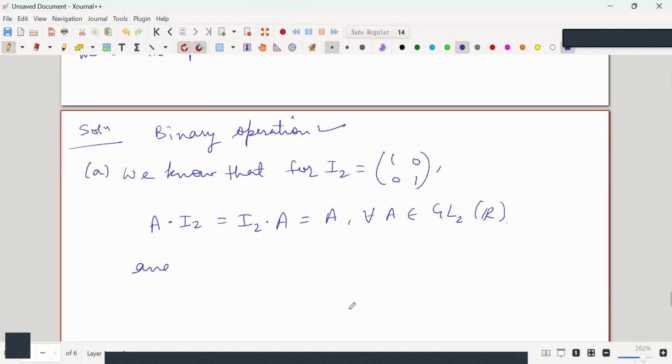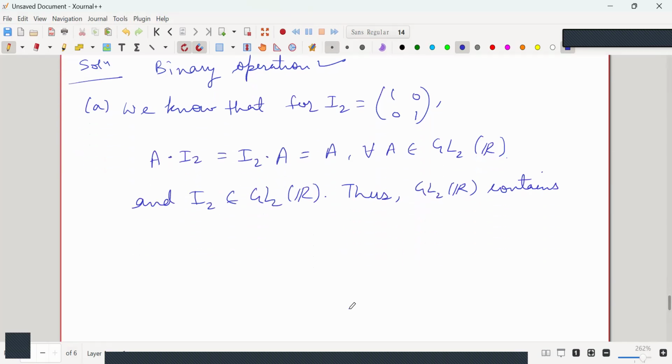And I2 is also inside GL2R, right? Because its determinant is 1, which is non-zero. Thus, GL2R contains identity element.